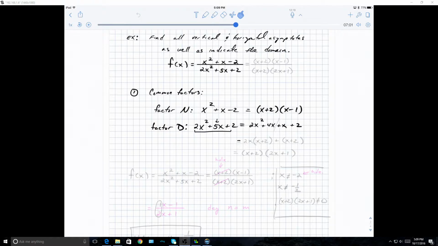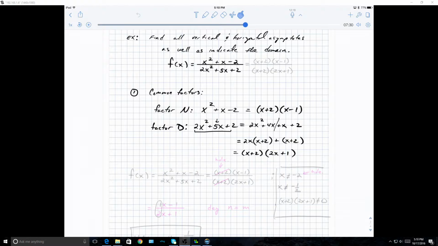Then we'll factor this by splitting it in half, and say that this is just 2x times the quantity x plus 2, plus, and I'm going to make the parentheses just so I don't lose the plus 1. Now we can factor out the x plus 2, and that leaves 2x plus 1.